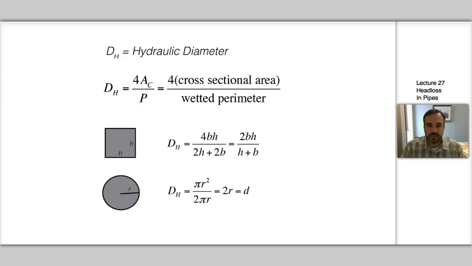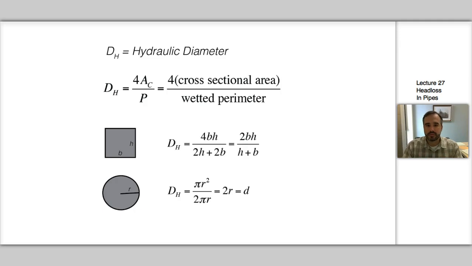The hydraulic diameter is very straightforward. It is dependent only on the geometry of the pipe, and its definition mathematically is it's equal to 4 times the cross-sectional area divided by the wetted perimeter, which is the perimeter of the pipe, the length of that perimeter of whatever the pipe is, whatever shape it is, whatever the fluid is touching. Okay?